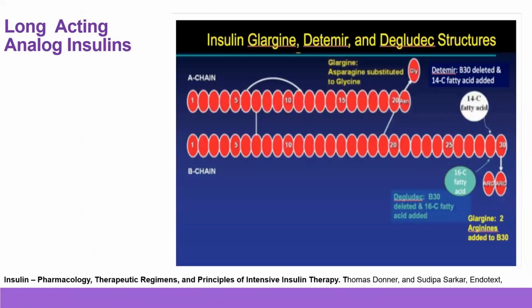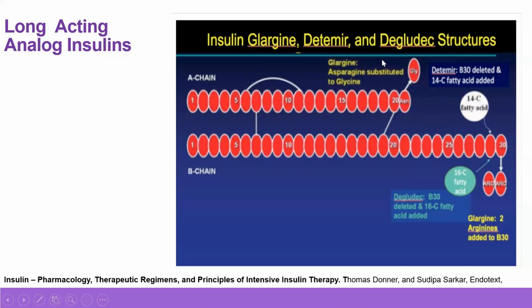Coming to long-acting insulin analogs, as I've told you, all the designer insulins or modern insulins are basically modified human insulin molecules with respect to their amino acid sequence, and some insulins, like degludec, are also associated with the addition of a fatty acid side chain.